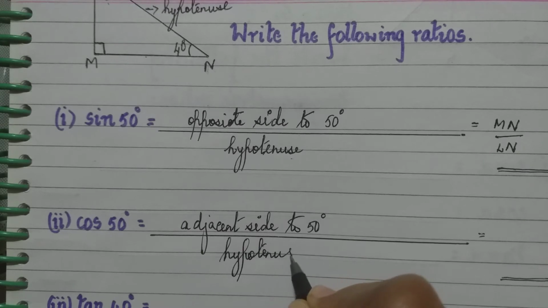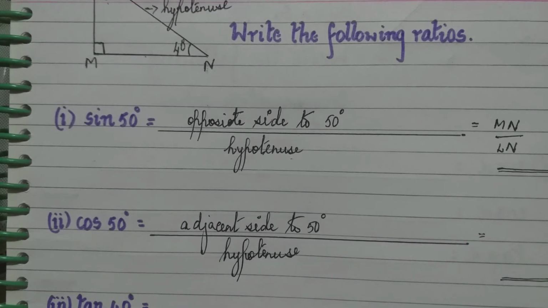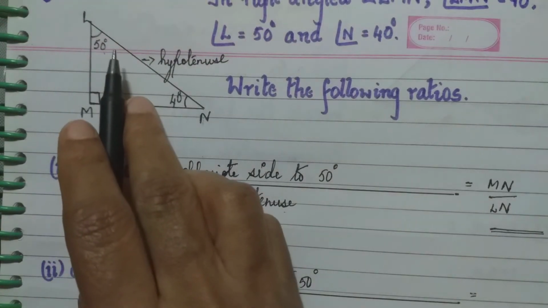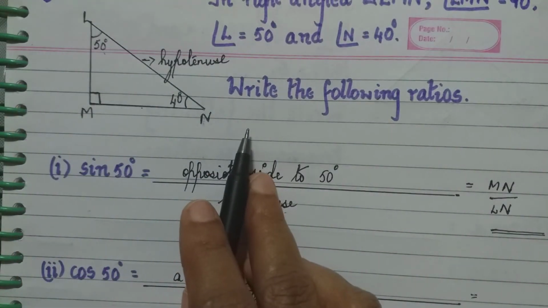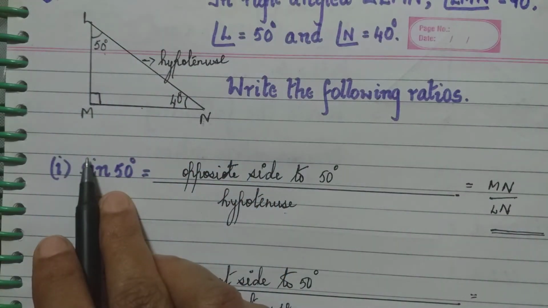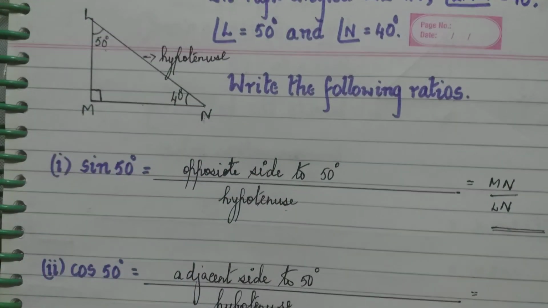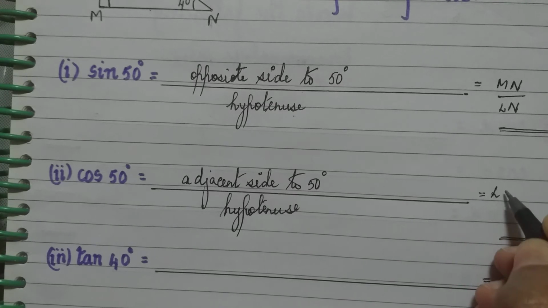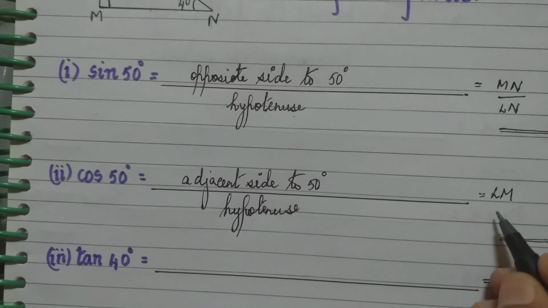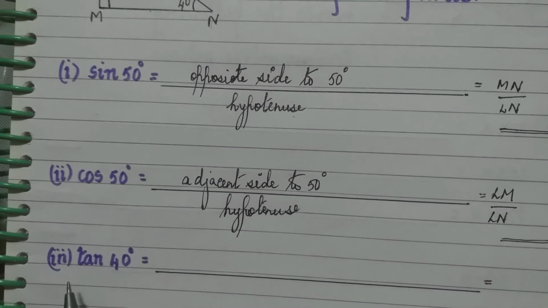Then we look at the figure. Here we have 50 degree. Adjacent to it is side LM. Hypotenuse is LN. So it is LM upon LN. So I write here LM upon LN.